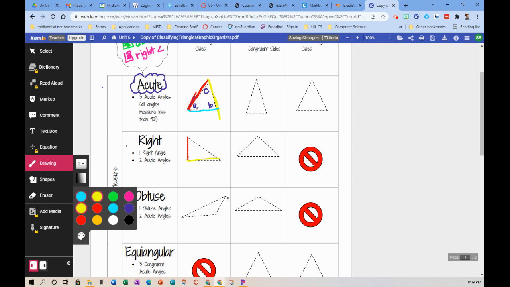And we're going to have our turquoise side. I know I'm not very good at tracing on the computer, even though I'm using a pen.